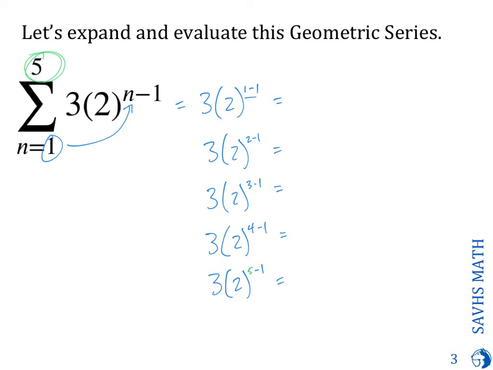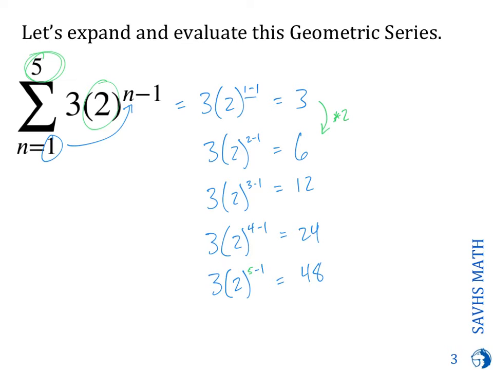1 minus 1 is 0, so 2 to the 0 is 1. 1 times 3 is 3. I also can look at my common ratio here and see, okay, well, it's 2. So that means that I have to be multiplying by 2 each step. So that means that this is 6 and 12 and 24 and 48.